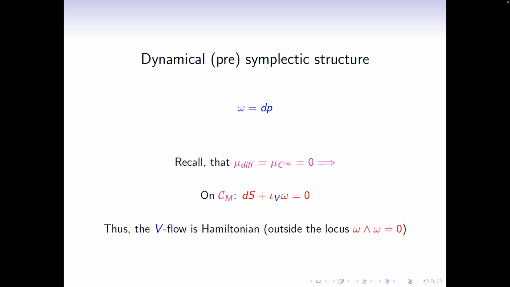So recall that on the space of solutions of the equation mu equals 0, we have this relation that if I denote by little omega the derivative of p, then we have this equation which says that the field V is Hamiltonian with omega as a symplectic form, with Hamiltonian being S. So somehow the space-time, we don't usually think of it as a phase space, but it spontaneously becomes a phase space for some auxiliary mechanical system.